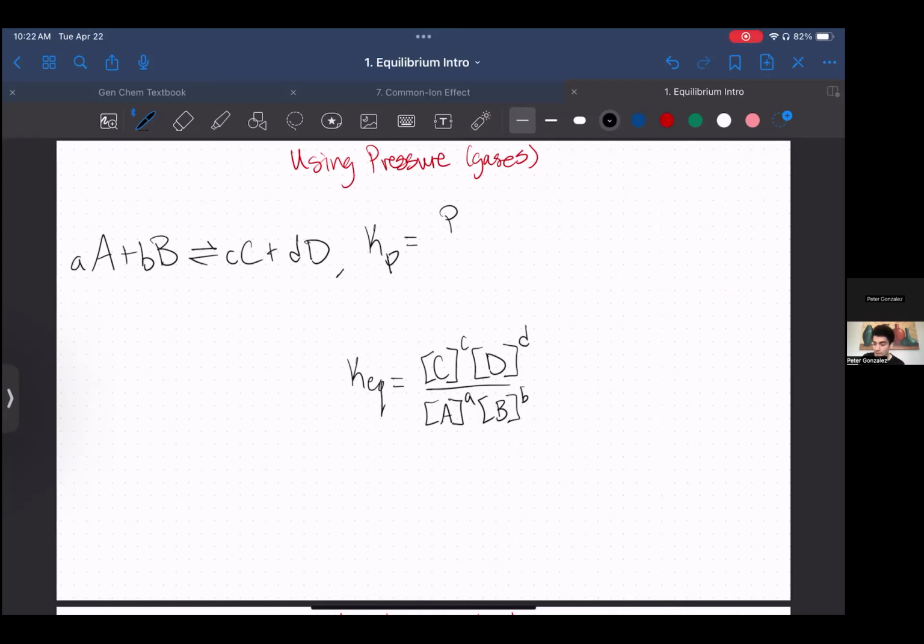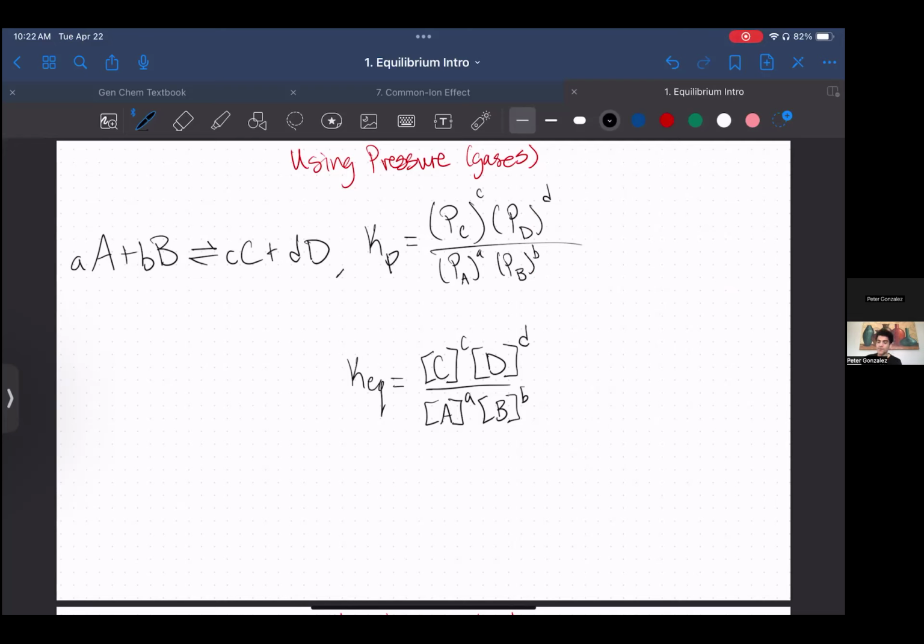So the partial pressure of C taken to the power of its coefficient times the partial pressure of D taken to the power of its coefficient, and then you divide that by the same exact thing but for the reactants. So we get the partial pressure of A to the power of A times the partial pressure of B to the power of B.